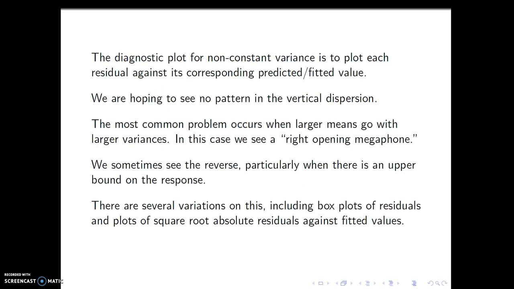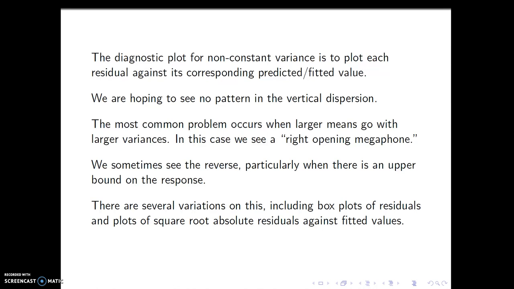The diagnostic plot for non-constant variance is basically the residual against fitted plot. We want to see just what I like to call a cloud of points. So no particular pattern or shape. We don't see a curve to it. It's just a cloud of points with no shape.